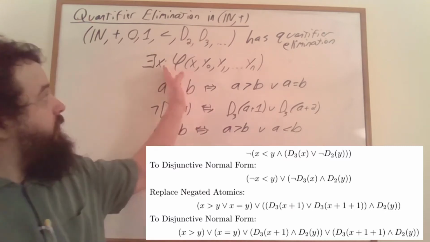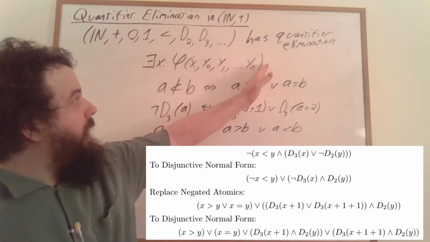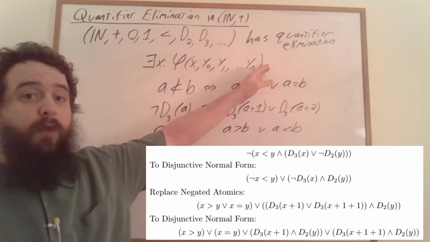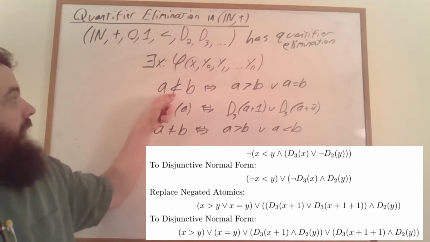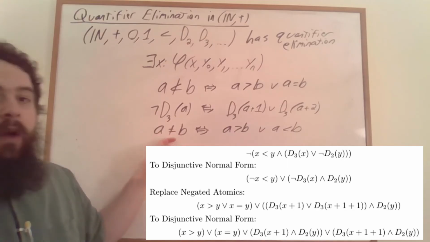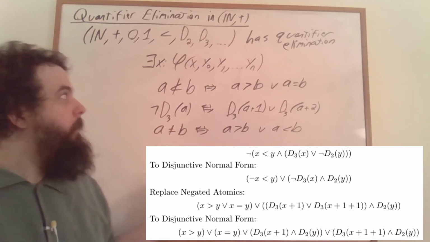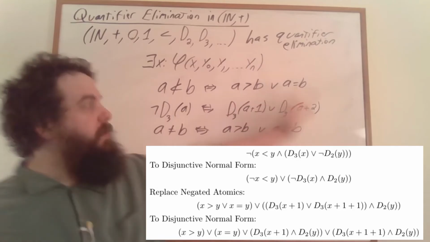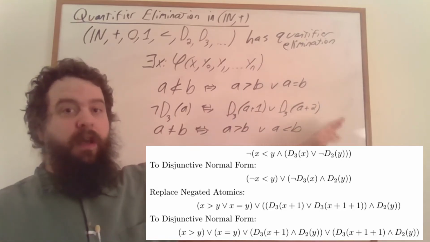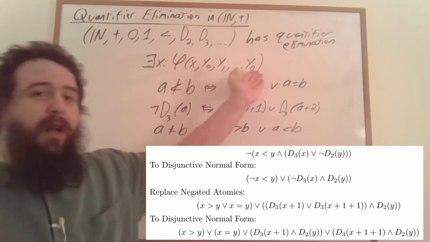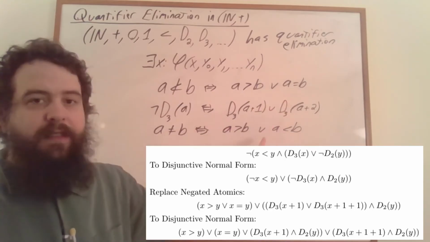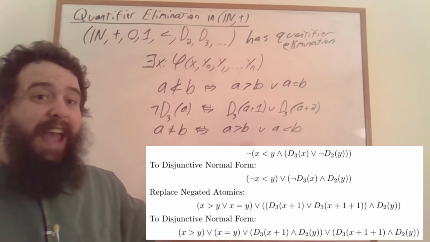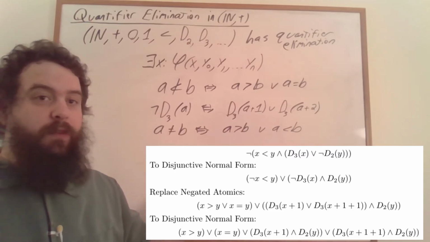If we first take this formula here and translate it into disjunctive normal form, and then replace the negated atomic formulas within that formula by their corresponding positive versions, the resulting formula is no longer going to be in disjunctive normal form. It's going to have some ors on the inside, but it's not going to have any negations anywhere, which is really handy.